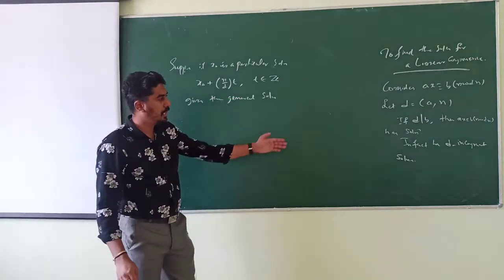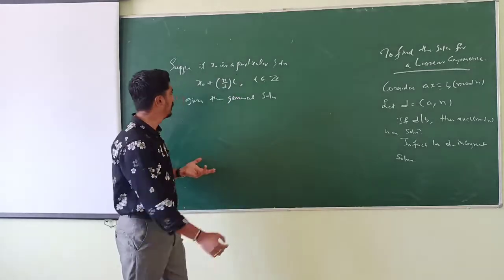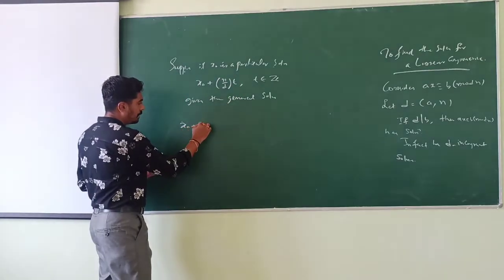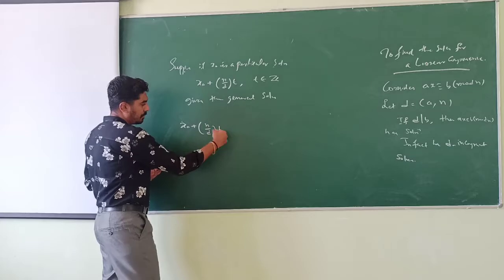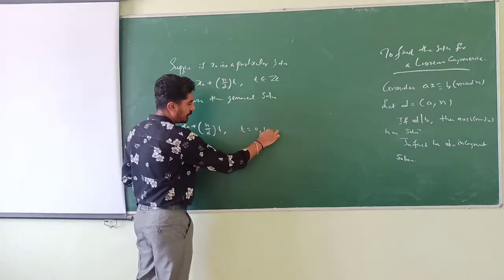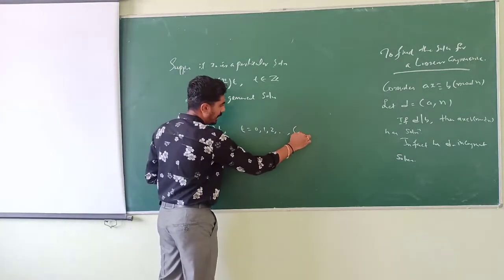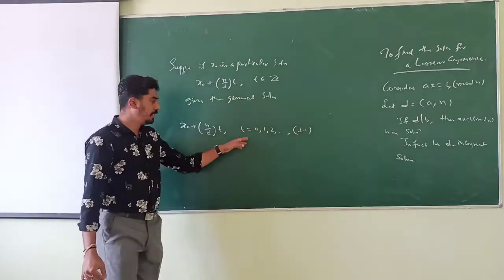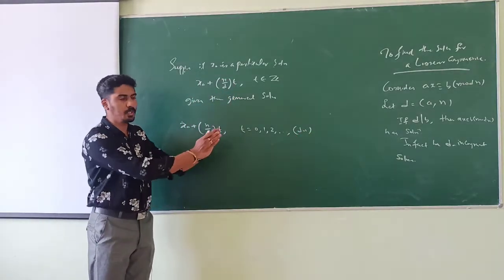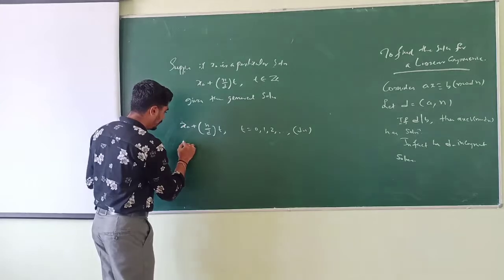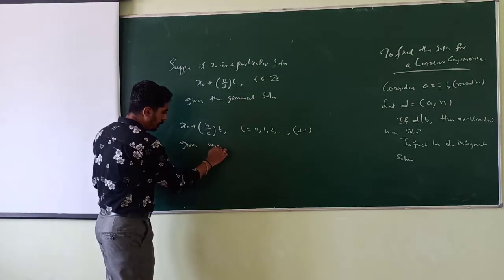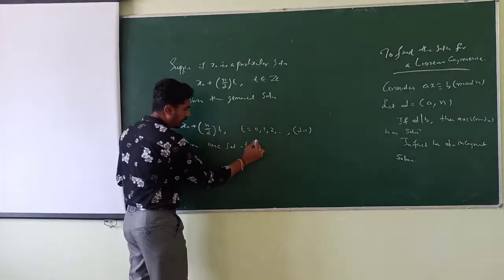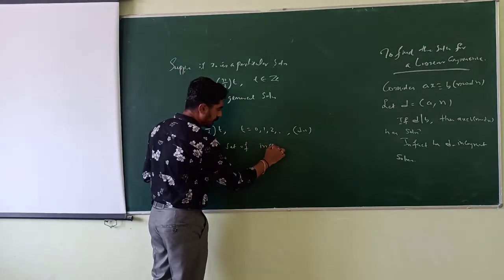And to find the incongruent solutions, take x naught plus n by d into t, where t is equal to 0, 1, 2 up to d minus 1. This set gives one set of mutually incongruent solutions.